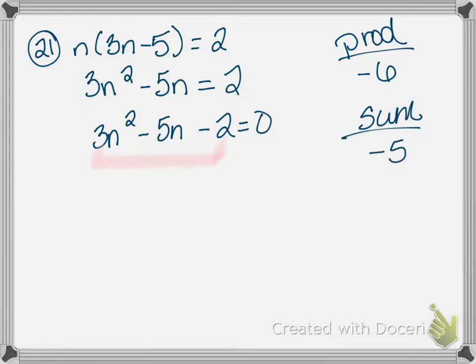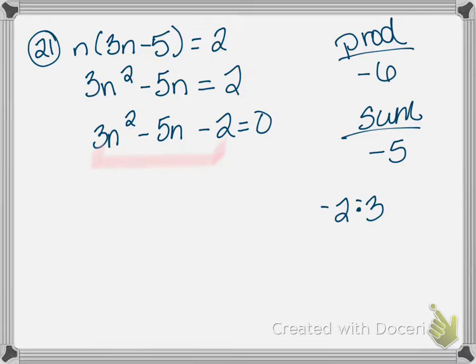Fortunately, there's not too many different options to get 6. We have 2 times 3, which is probably the first thing that we think about. Now, if I had negative 2 times negative 3, that sum would be negative 5, okay? But negative 2 times negative 3 does not give me a product of negative 6.